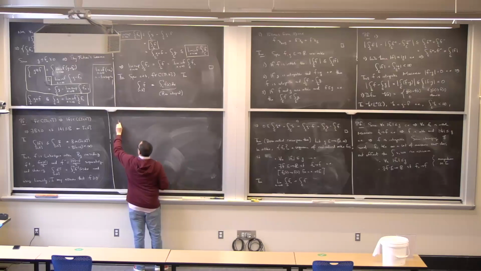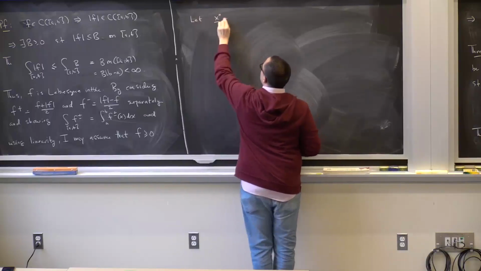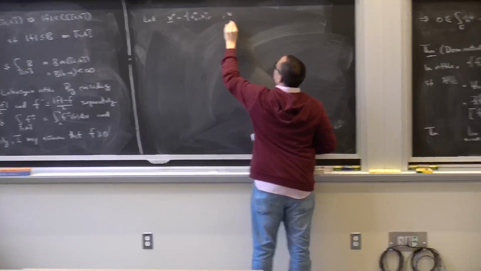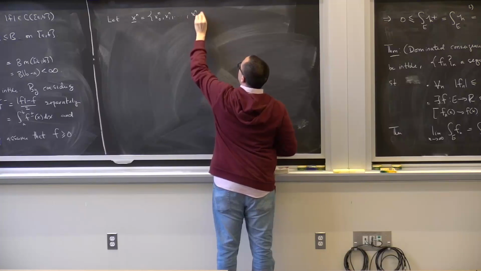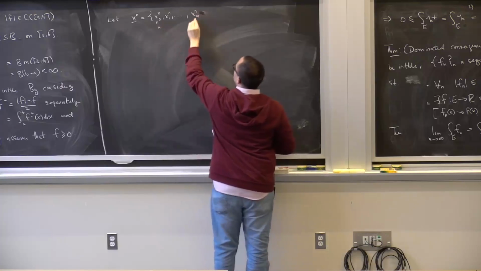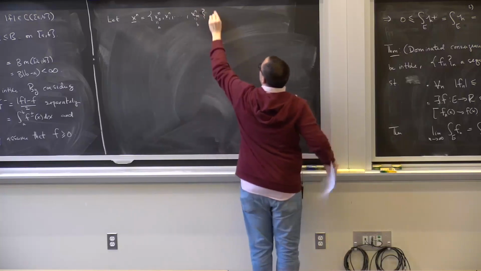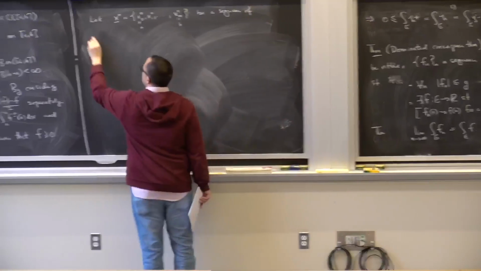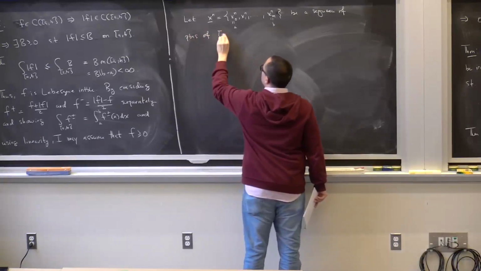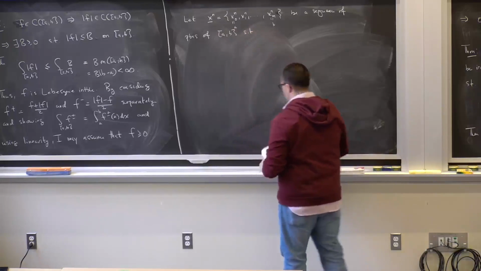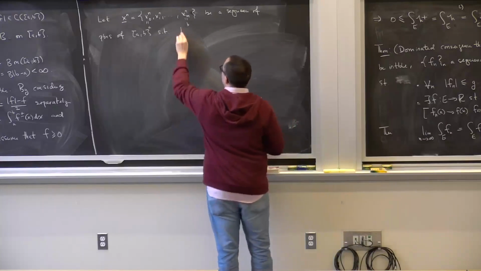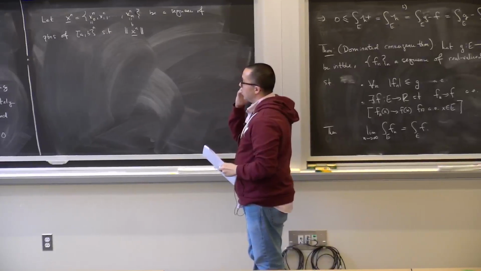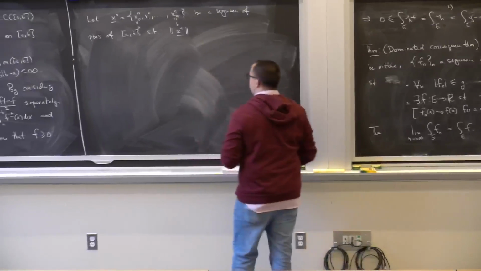So let x_n, with the first point equal to A and the last equal to B, be a sequence of partitions of AB such that the norm of, so this is just notation from back in real analysis, you shouldn't take this as an actual norm.